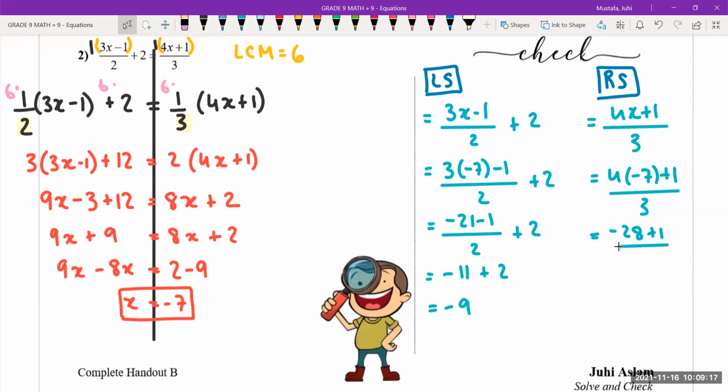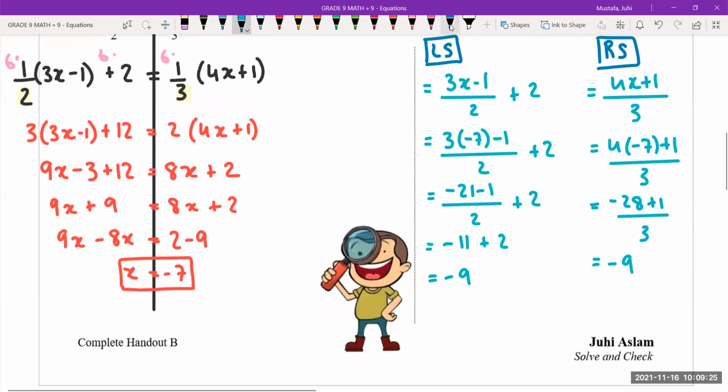What's -28 plus 1? And what's -27 divided by 3? -9. So it's very obvious that we're going to say, therefore, left side equals right side, and therefore, this answer has to be correct.